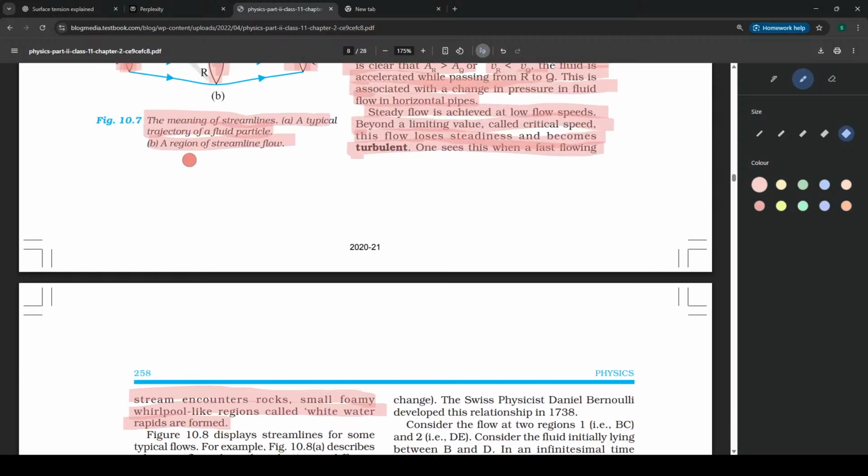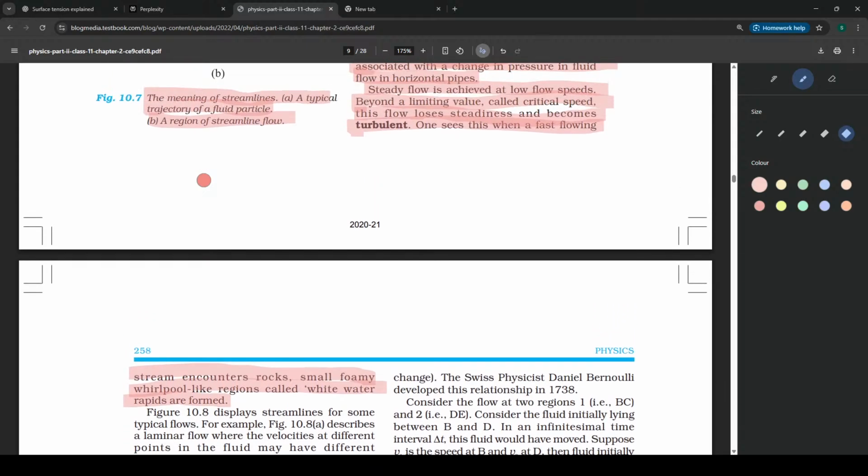This steady flow is achieved only at low flow speeds. When the velocity of the water is less, only then we can see it, below a certain limiting value called the critical speed of the flow. Beyond this critical speed, the flow will lose its steadiness and become a turbulent stream.